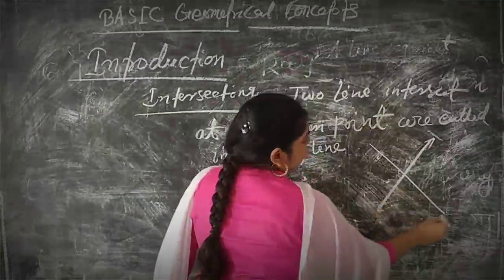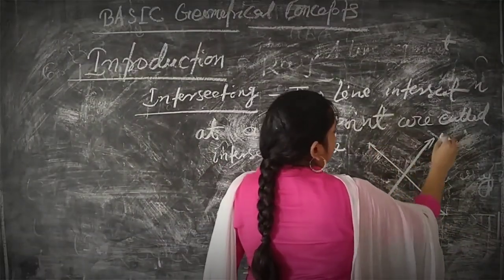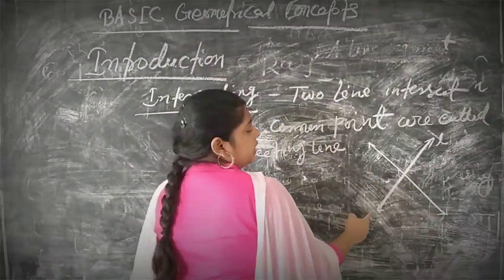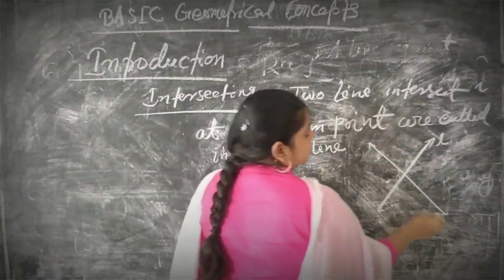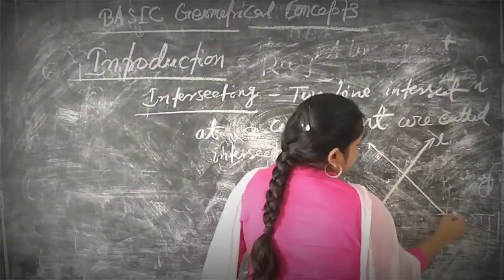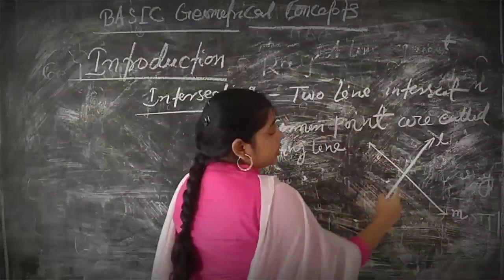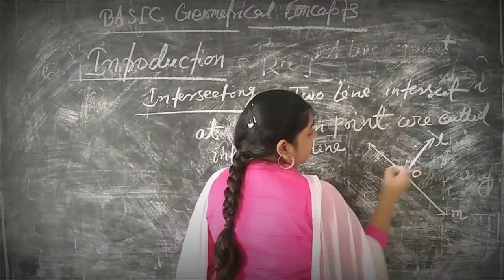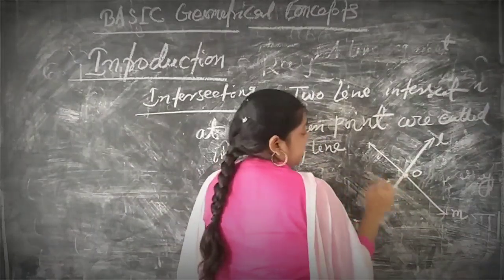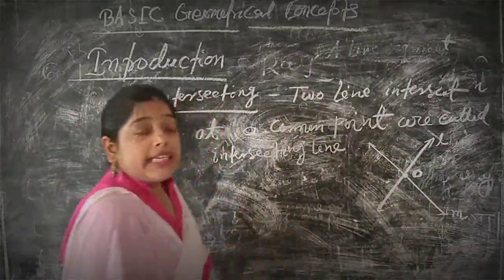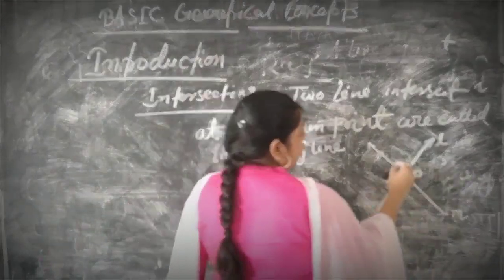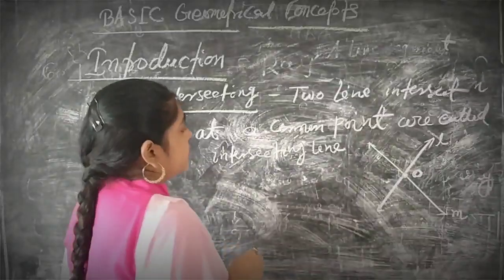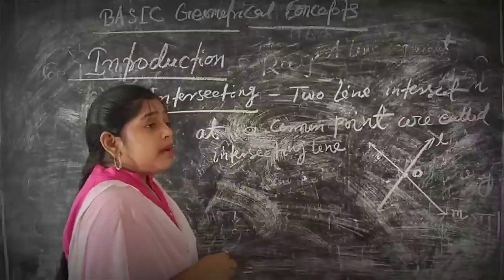We include arrows on both sides because this is a line, not a line segment, since it has no fixed length. We name these lines L and M, and both lines intersect at a common point, which we label O. So two lines that intersect at a common point are called intersecting lines. Okay, next, what are parallel lines?